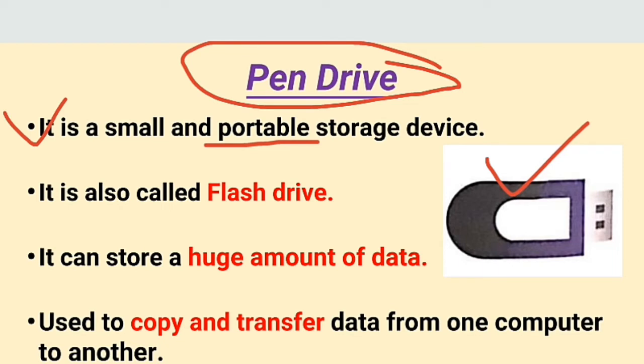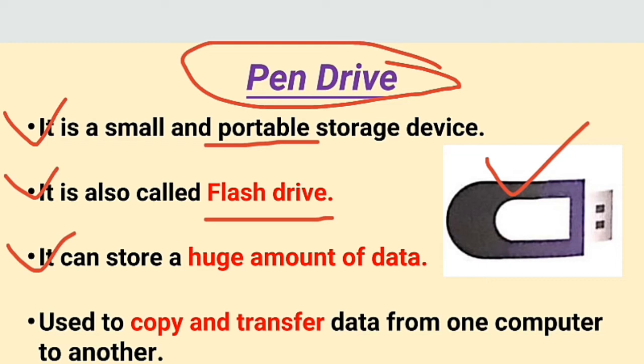What is the meaning of portable? Portable means that we can carry this device from one place to another easily. It is also called flash drive. It can be used to store a huge amount of data.